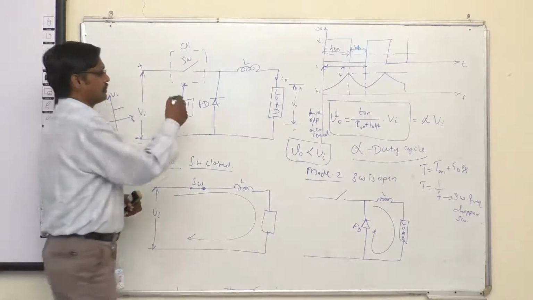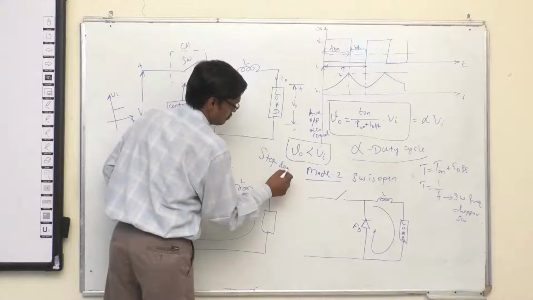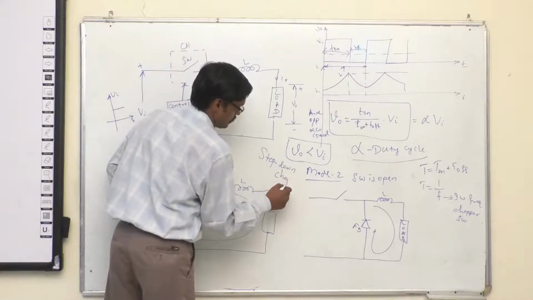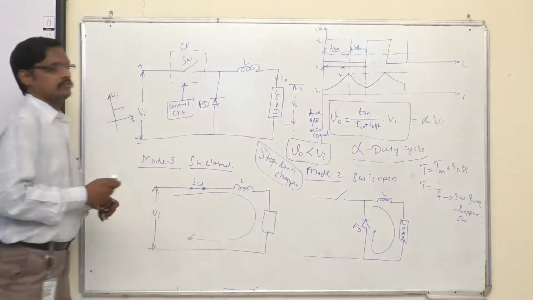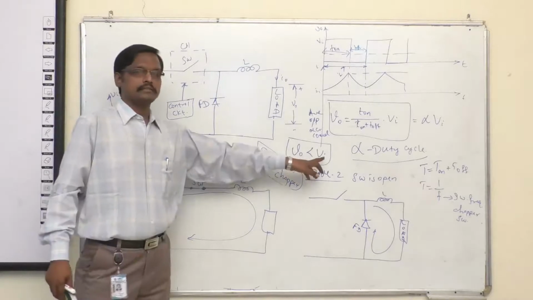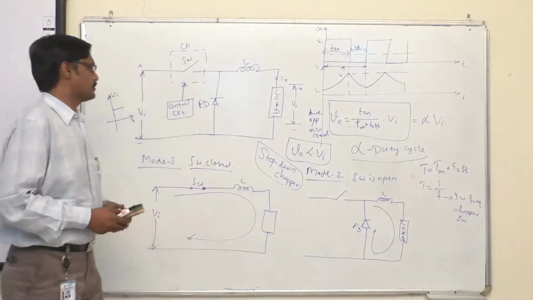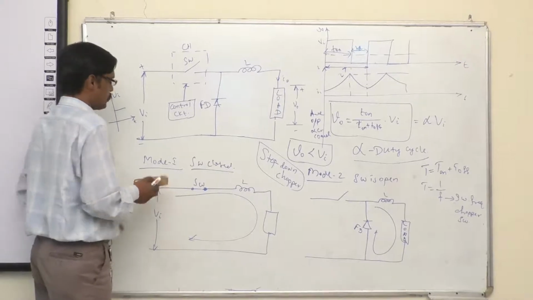That is why this type of chopper is called a step down chopper. This kind of chopper will always give you an output voltage less than the input voltage. So this is the operation of the step down chopper.